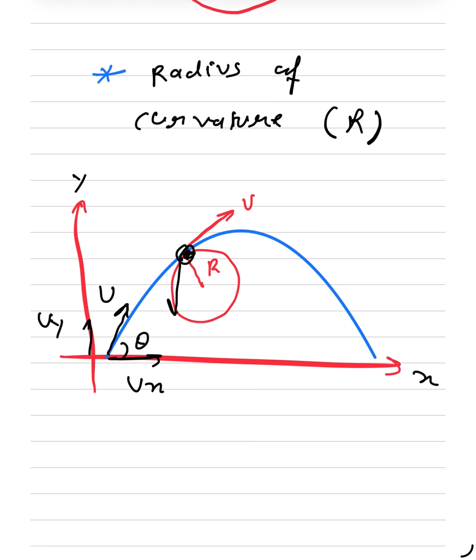The mass of the object acts along this direction, mg, the weight of the ball.